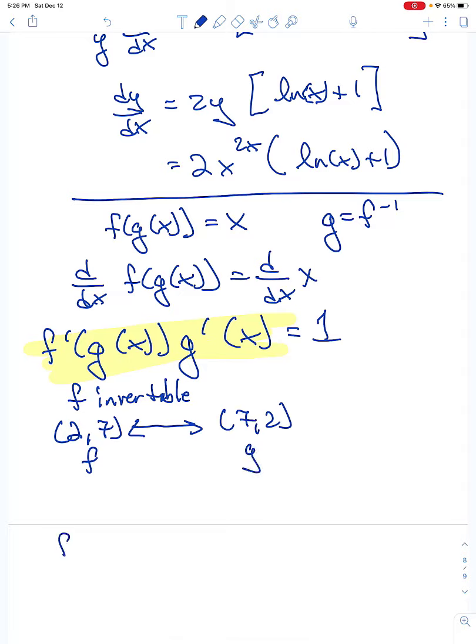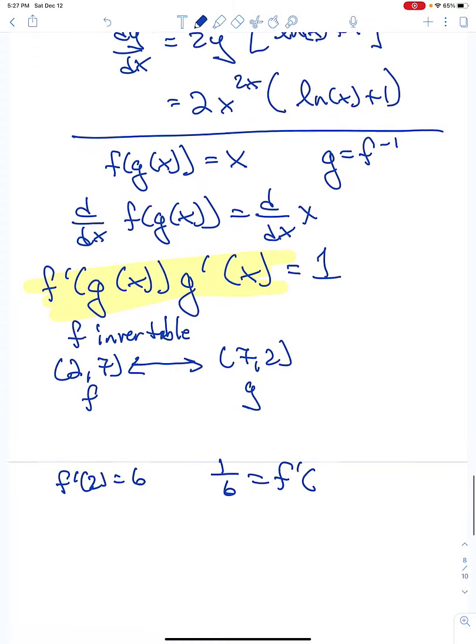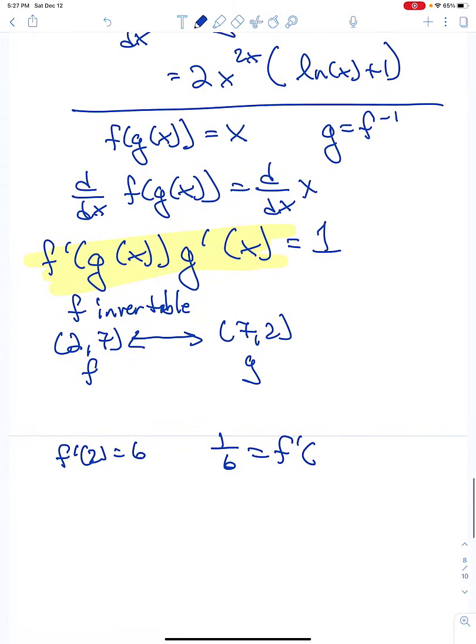If you know that f prime of 2 is 6, then you know that 1/6 is the inverse's derivative. Oh, that's not f prime of x, we need to put a point in there. Let's fix that. Now remember, 2 gets mapped to 7, so the inverse function's derivative, which I called g prime of 7, is 1/6.